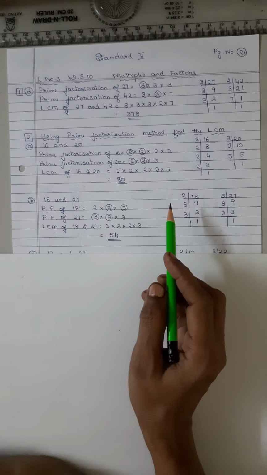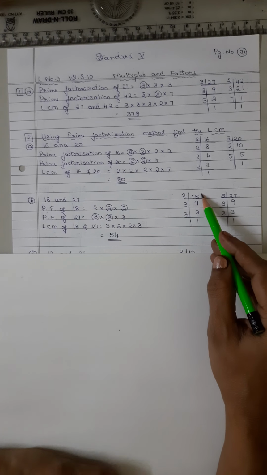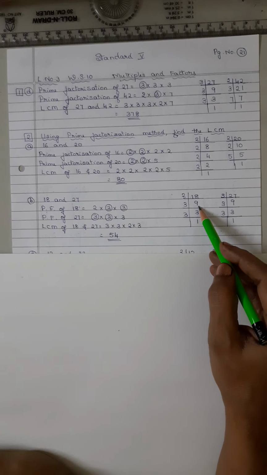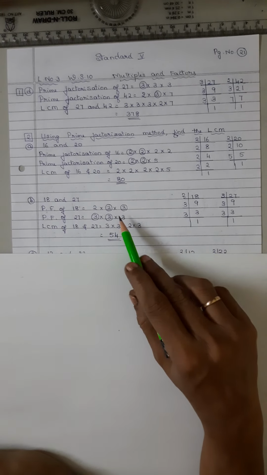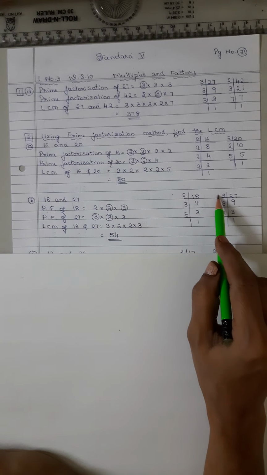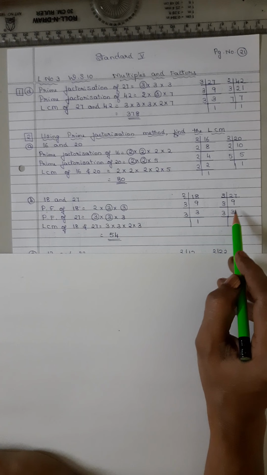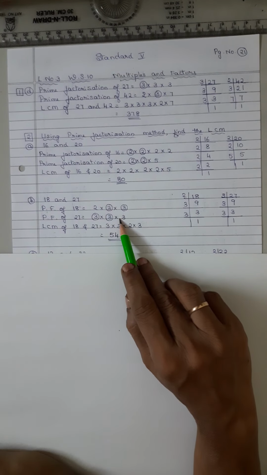18 and 27. 18 is an even number. So 2 9s are 18. 9 is divisible by 3. 3 3s are 9. 3 1s are 3. Right. 2 into 3 into 3. Now 27. 3 9s are 27. 3 3s are 9. 3 1s are 3. Right. 3 times.